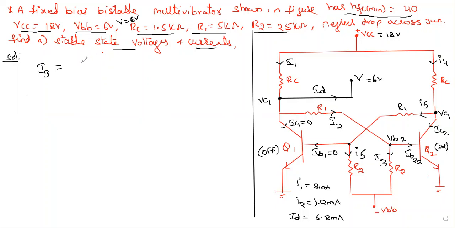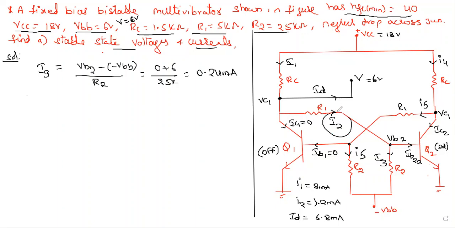So I3 is VB2 minus of minus VBB divided by R2. So VB2 is 0, minus of minus, okay, it is plus VBB, which is 6, divided by R2, which is 25 kilo ohms. So that is 6 divided by 25, 0.24 milliamps. Okay, I know the value of I3.